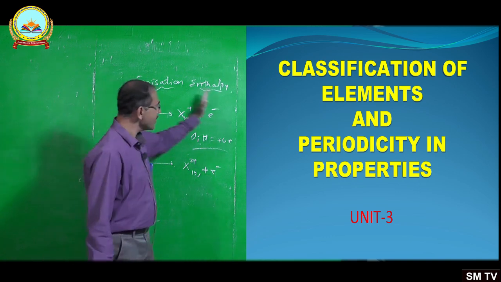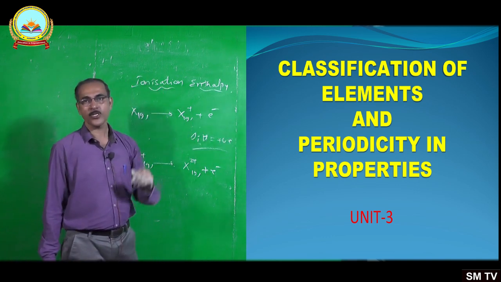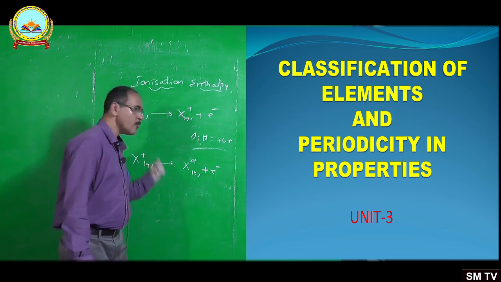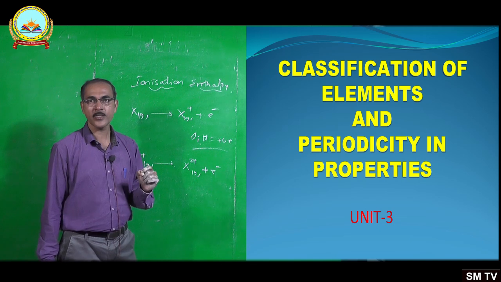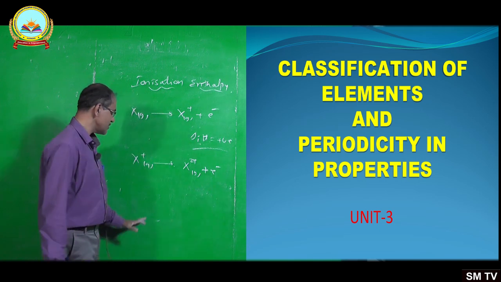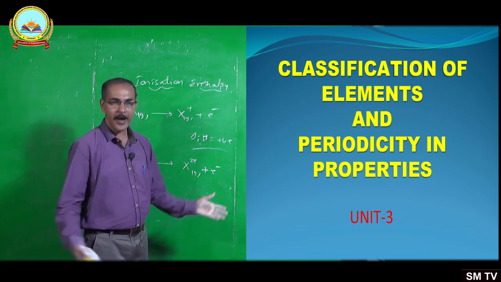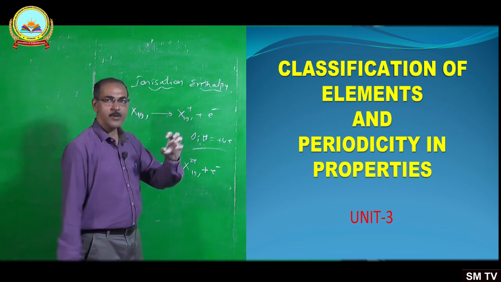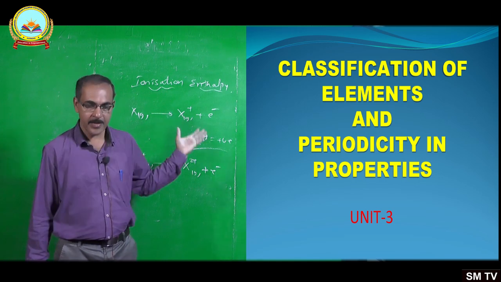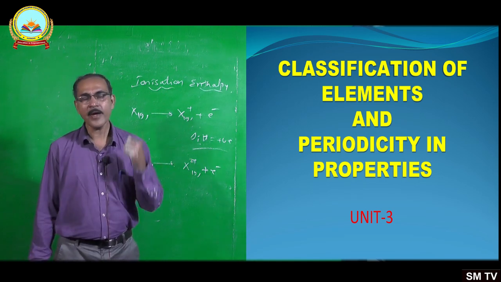Now, its trends. Along the period, ionization enthalpy increases. Down the group, ionization enthalpy decreases. Again, the same reason. The main deciding factor here is atomic radius.